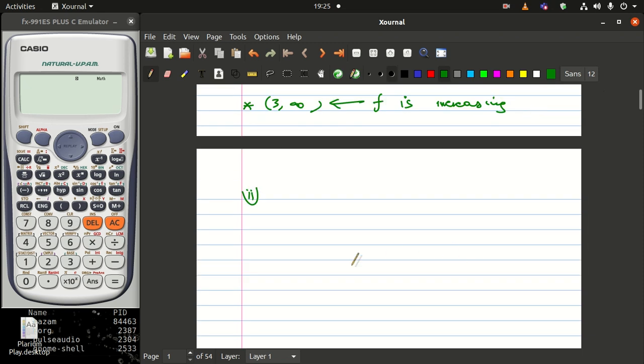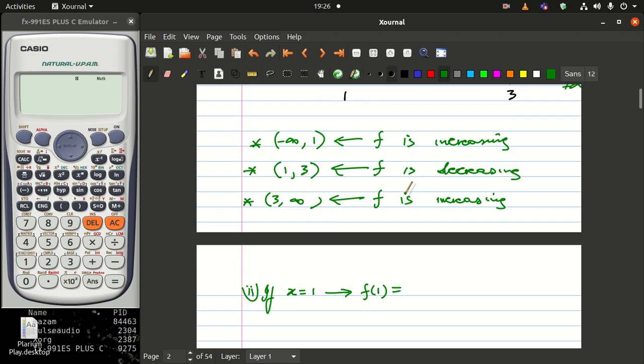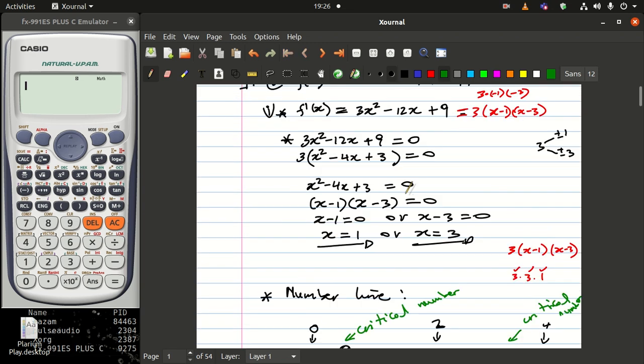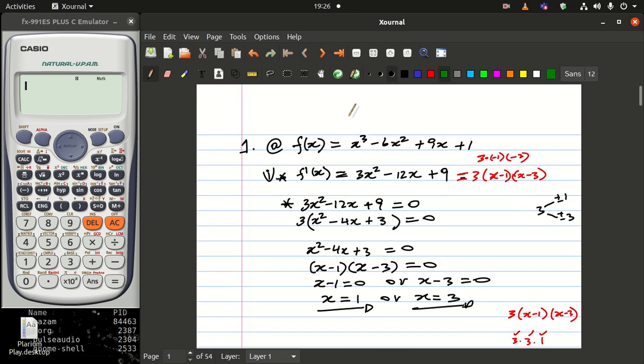So the first thing that I want us to find here: if x is equal to 1, which is one of the critical numbers, then f of 1 is going to be equal to, so you go to the original function now. The original function was x cubed minus 6 x squared plus 9x plus 1.